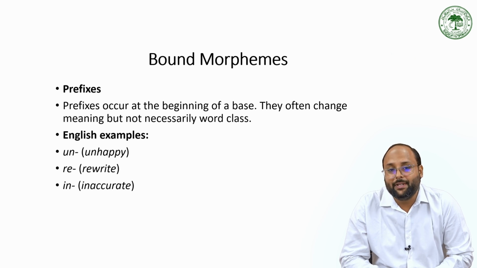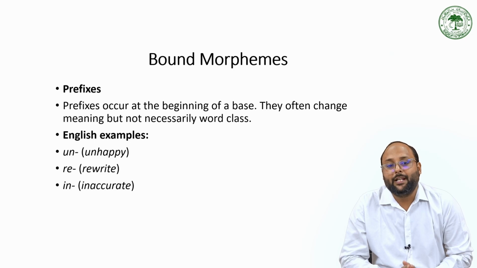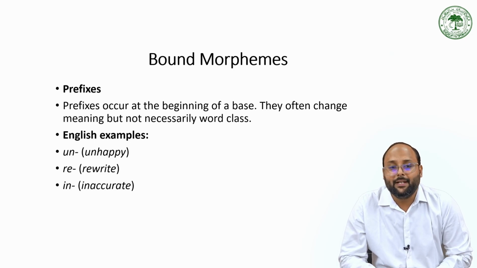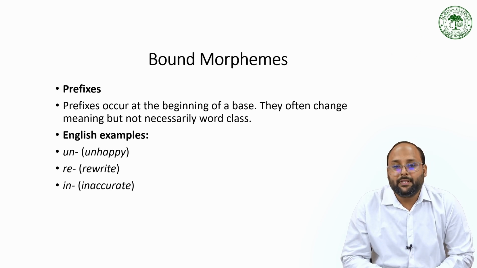Any prefix attached before the word can only give a new meaning, like negation or doing something again. Like in the example of unhappy, un is the negative prefix, and in the word rewrite, re means doing something again, and we have inaccurate, where in is also a prefix which gives the meaning of negation. All these prefixes come under bound morphemes.